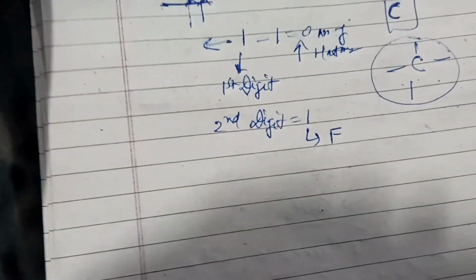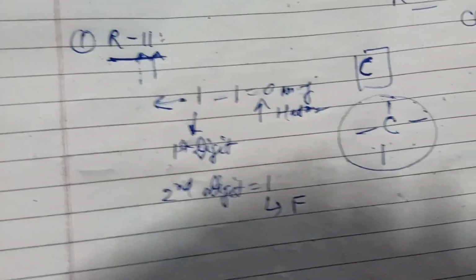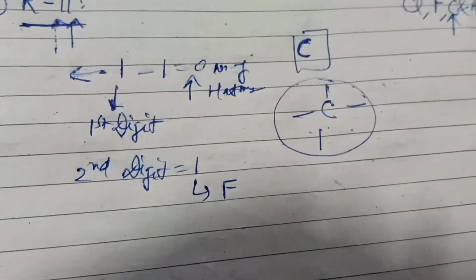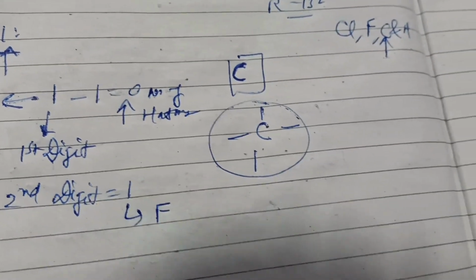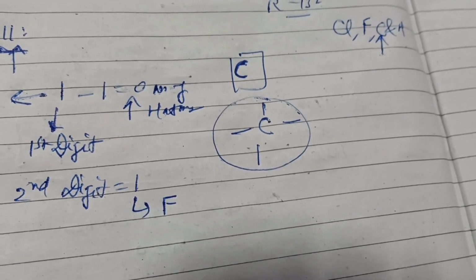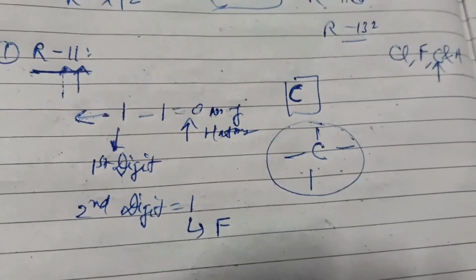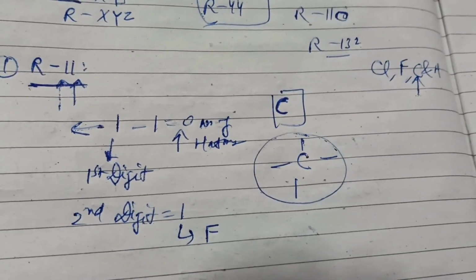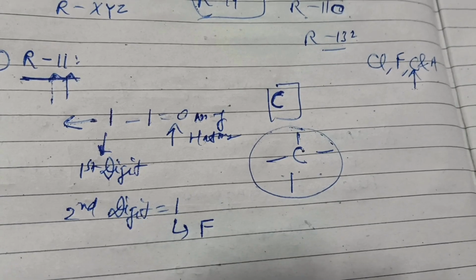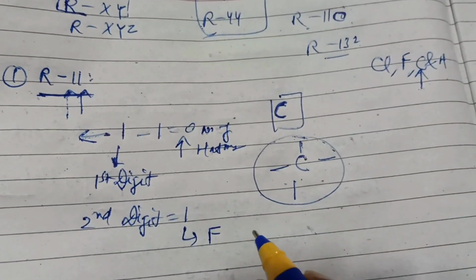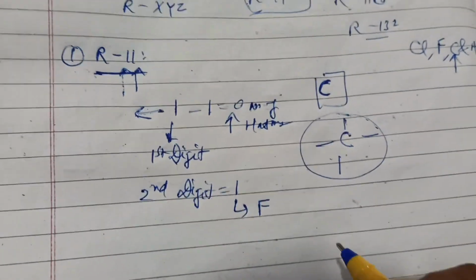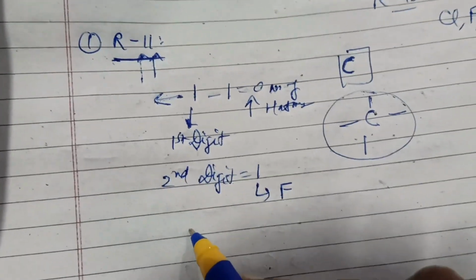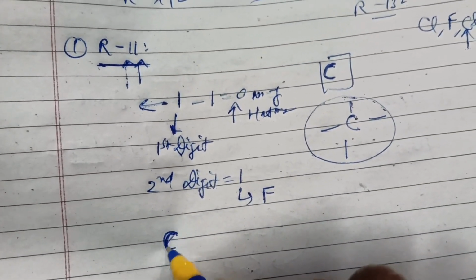Since this carbon is tetravalent, between chlorine, fluorine and hydrogen, there is no other carbon atom. Hydrogen you got 0, fluorine 1, means the next 3 would be taken by chlorine.